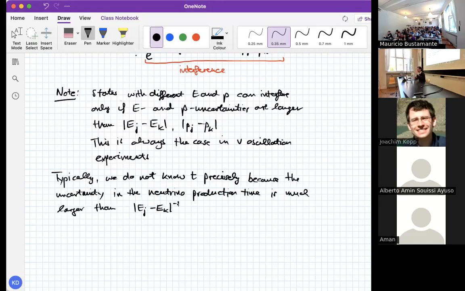And even if I had a sufficiently accurate timing system to tell me exactly when my neutrino was produced and also when it was detected, that information is typically discarded when we do a neutrino oscillation analysis.